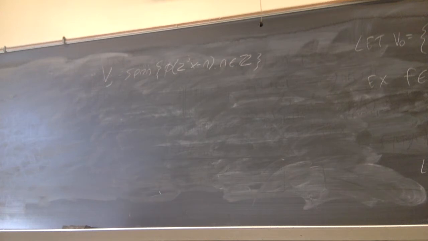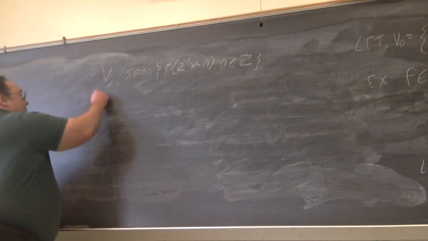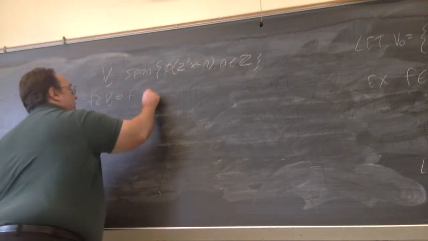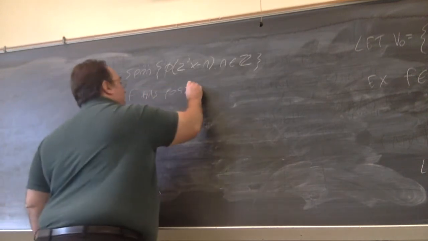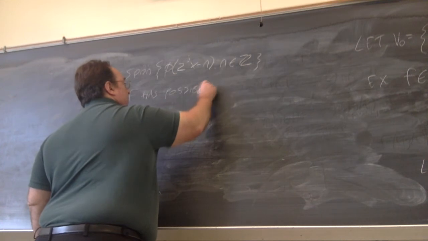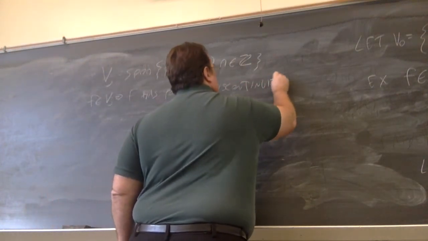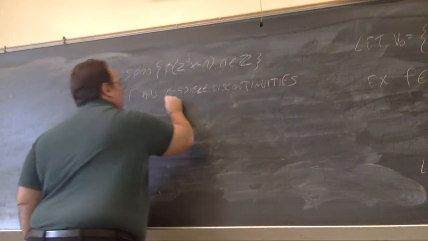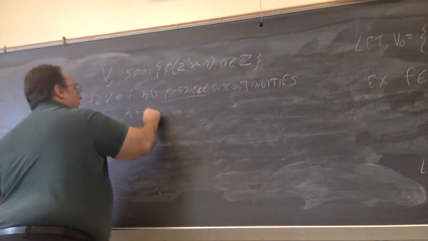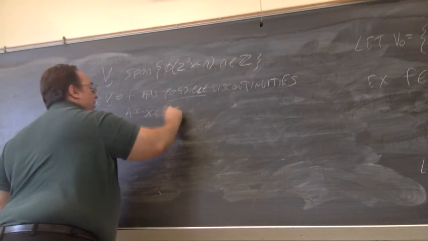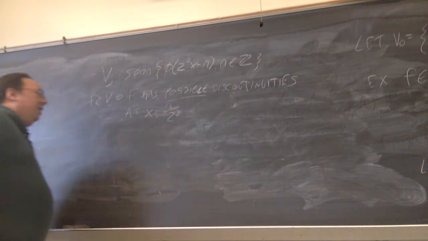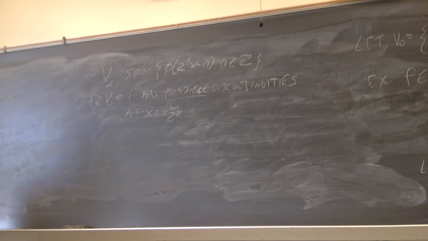Okay, so if a function f is in Vj, f has possible discontinuities at x equal to an integer divided by 2 to the j. So we saw at V0, discontinuities can only happen at the integers. For V1, they can only happen at the half integers, and so on.